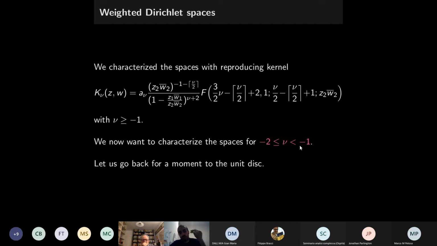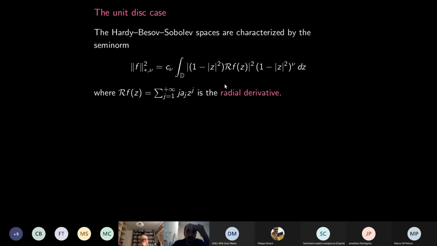Now let us go back for a moment to the unit disk. On the unit disk, the Hardy-Sobolev spaces that I mentioned at the beginning of my presentation are also characterized by this seminorm here. We have the standard weighted measure on the unit disk, which is the restriction of the Bergman kernel of the unit disk to the power -nu/2.